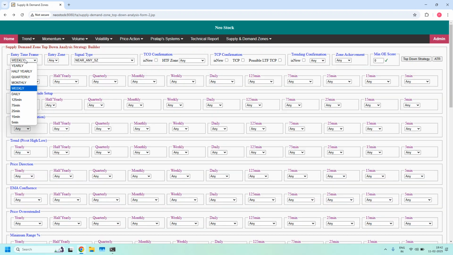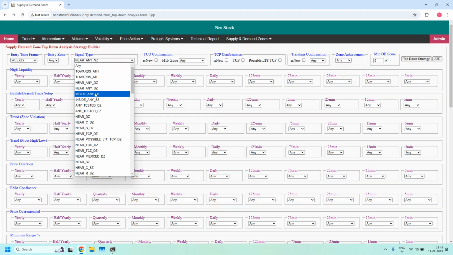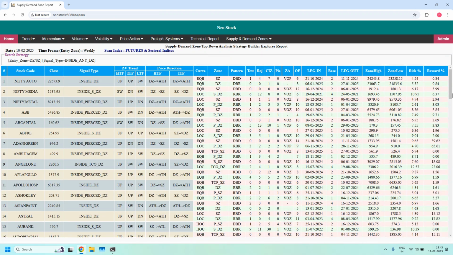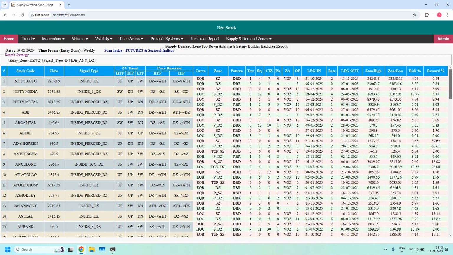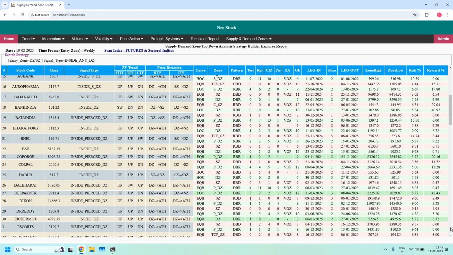Next, weekly time frame, price closed inside the weekly demand zone. We got 95 stocks. First 15 stocks. So let me quickly scroll the list down. Later we will further filter based on the EMA Confluence. I'm scrolling the list down.